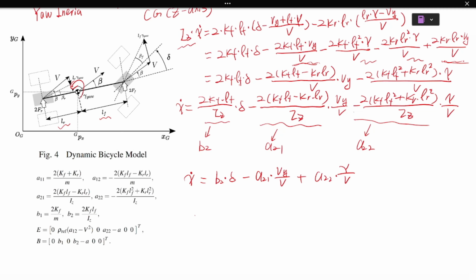Okay, next, remember we derived gamma equals theta f dot plus V times rho REF, and gamma dot equals theta f double dot plus A times rho REF plus V times rho REF dot.